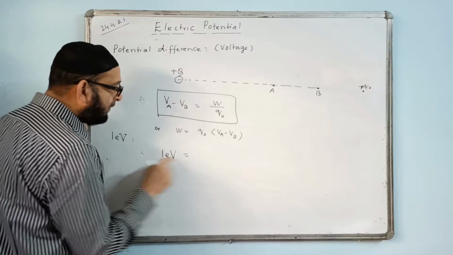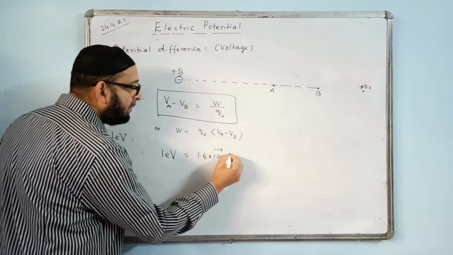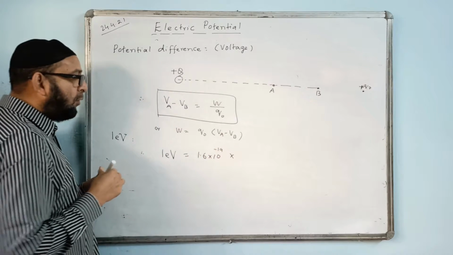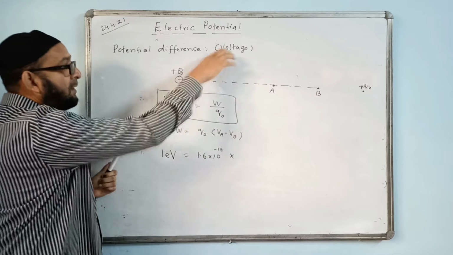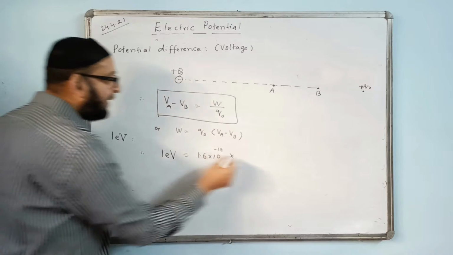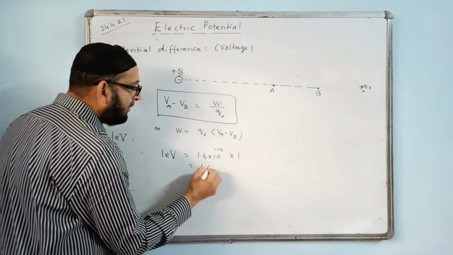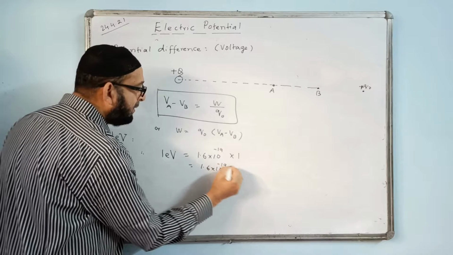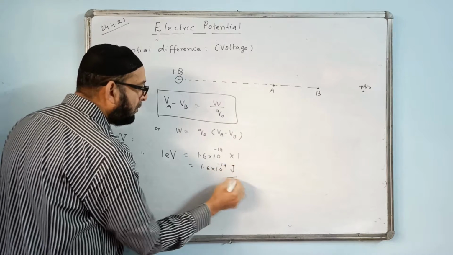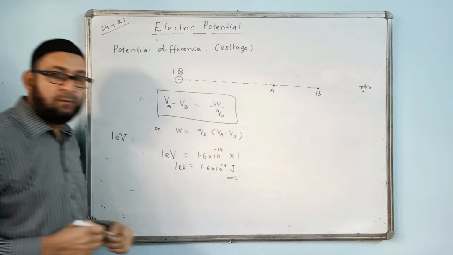So the charge of 1 electron is 1.6 into 10 to the power minus 19, and volt means voltage. Through a PD of 1 volt, you are applying 1 volt, so the answer will be 1.6 into 10 to the minus 19 joule. So 1 EV makes 1.6 into 10 to the minus 19 joule.